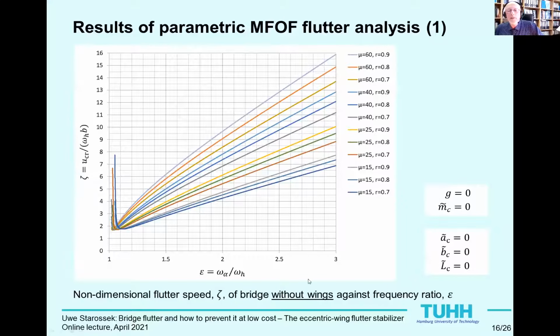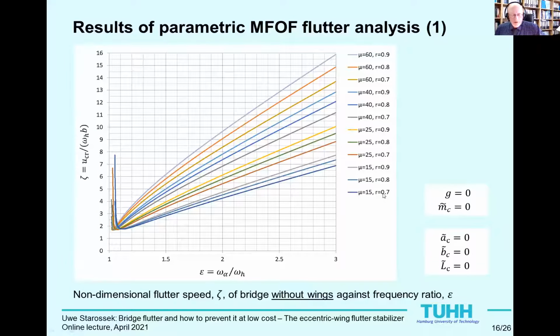The bridge system without wings is considered first. The diagram shows the non-dimensional flutter speed, zeta, of the undamped system plotted against the frequency ratio epsilon for selected values of the mass ratio mu and the mass radius of gyration r. The characteristics visible here are well known.